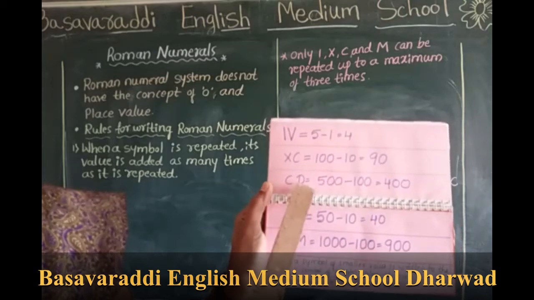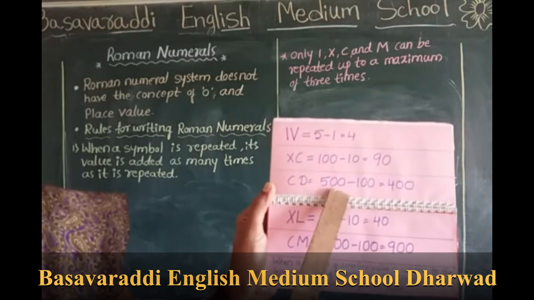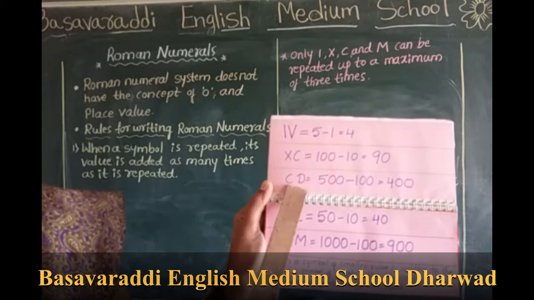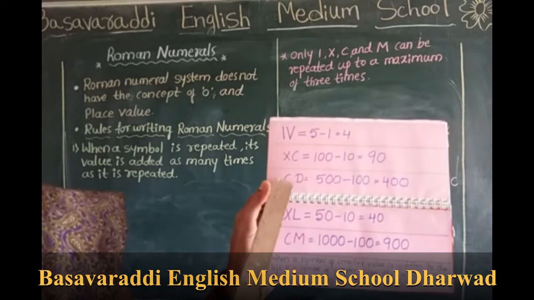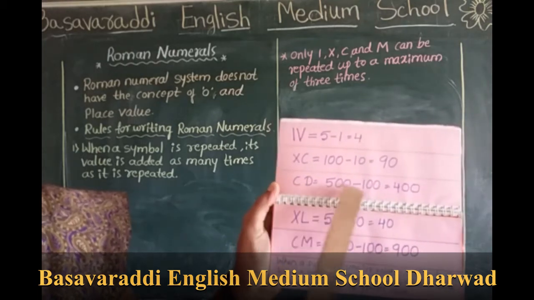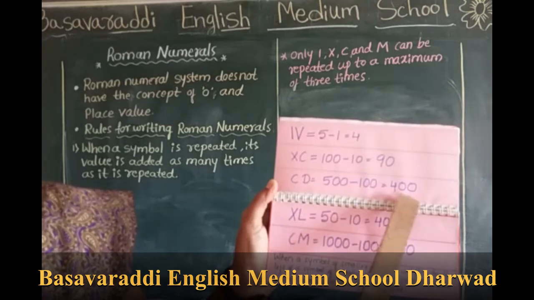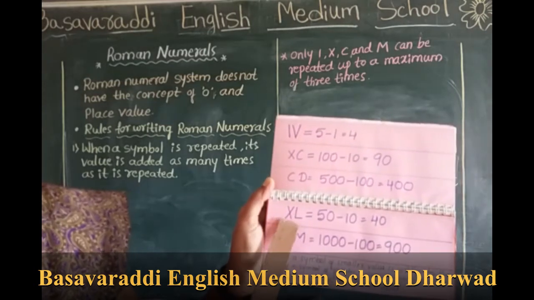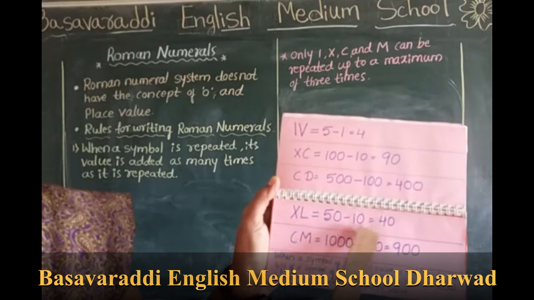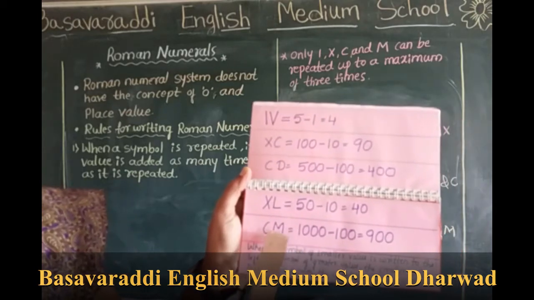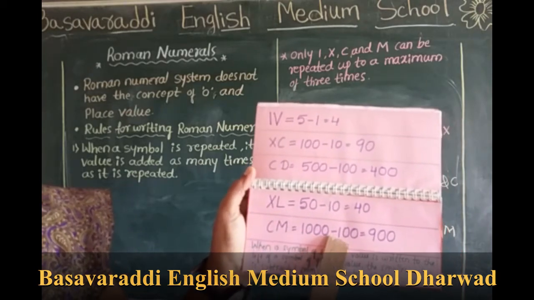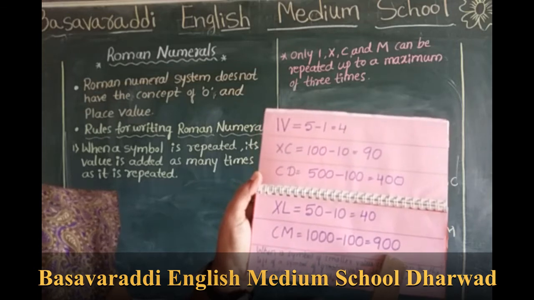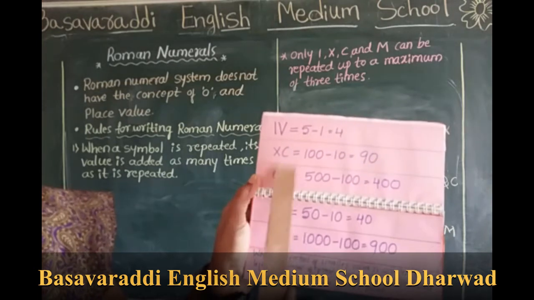C D: the value of D is 500, with C on the left side, so minus 100 is equal to 400. X L: 50 minus 10 is equal to 40. C M: 1000 minus 100 is equal to 900. This is the third rule.